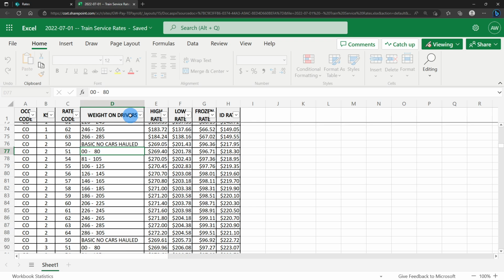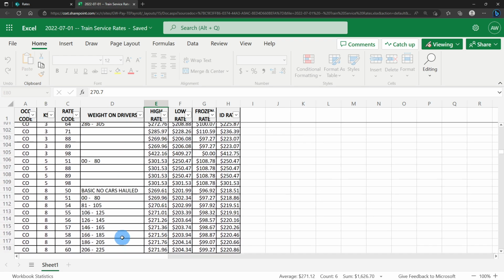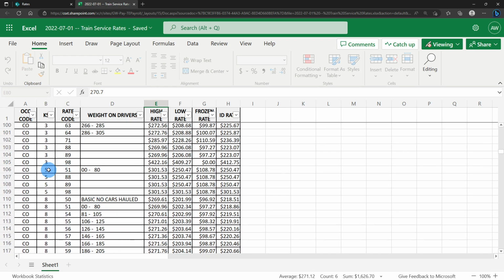I know it says weight on driver here, but it's the number of cars handled. And you can see the rate goes up depending on how many cars you handled. There is the yard rate there, 551. It doesn't matter how many cars you got. Boom, that's it.